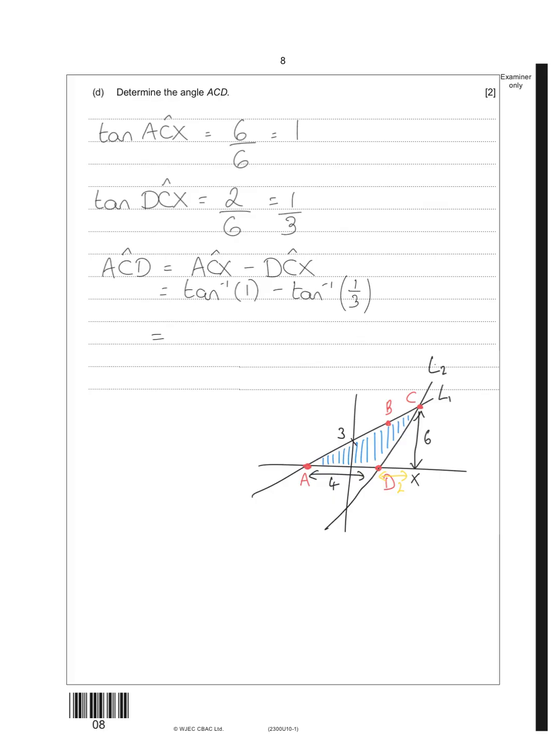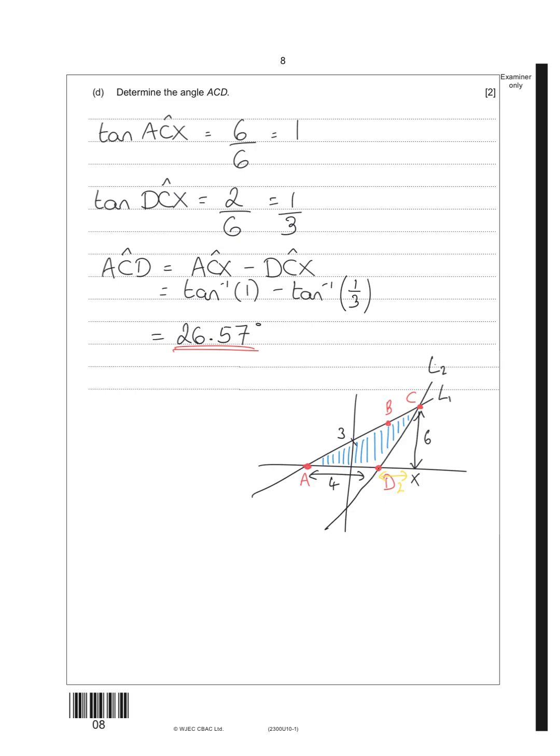And when you plug that into your calculator, making sure that you're in degrees mode, what you should get is 26.57 degrees.